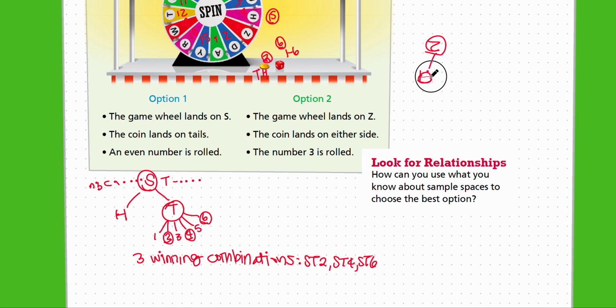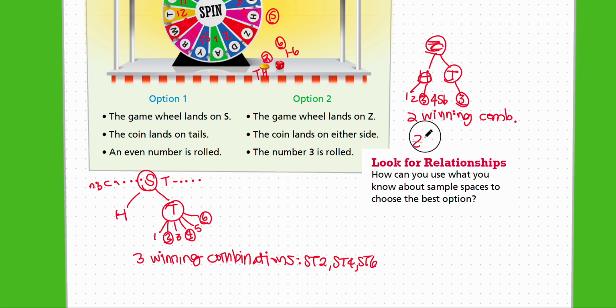So head could be possible, tail could be possible, but then we need specifically number 3. So instead of 1, 2, 4, 5, 6, we just need 3. And then also there's one possibility for the tail for this to be. So there are 2 different outcomes in this case, right? So 2 winning combinations.